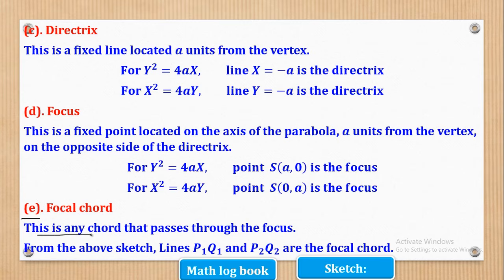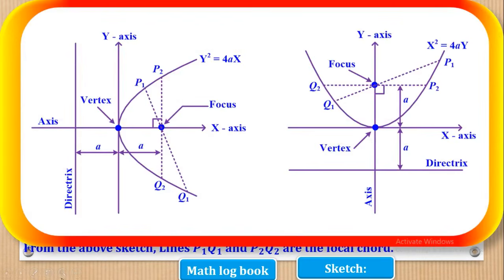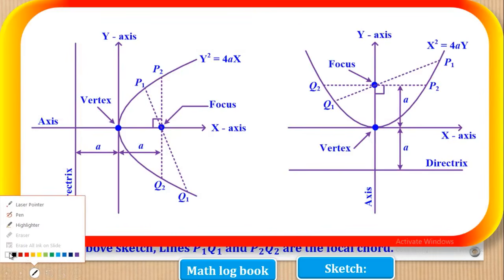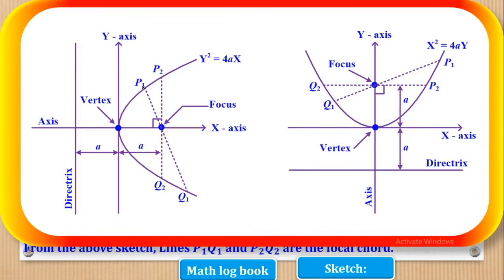Then focal chord. Now this is any chord. We already saw chords in circles, so this is any chord that passes through the focus. So a chord which passes through the focus is called a focal chord. Therefore, when you look at this sketch, there is this line joining points P1 and Q1.